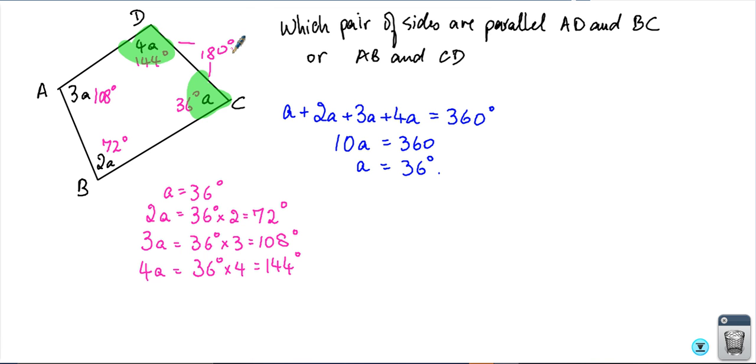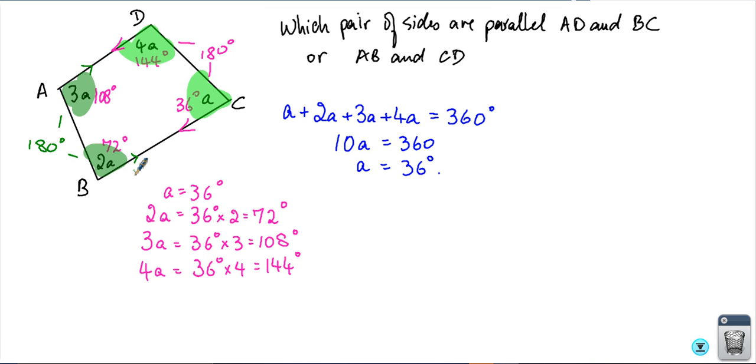So it has to follow that this line and this line are parallel. Similarly, if I add this angle here to this angle here, they make 180 degrees. So of course it follows that those two lines are parallel.